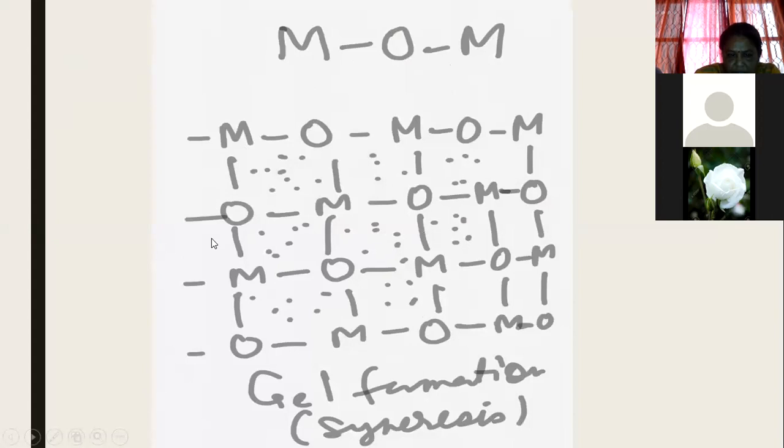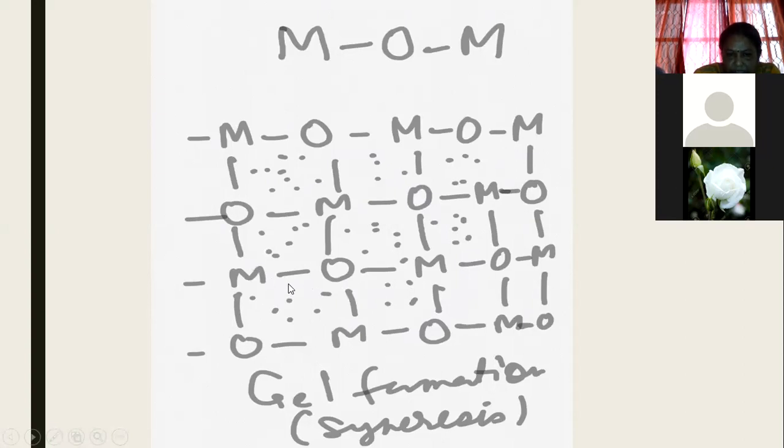Now you can see how the entire thing is growing in size, so the molecular weight also increases, and slowly the solution transforms into a gel due to the formation of this kind of network.